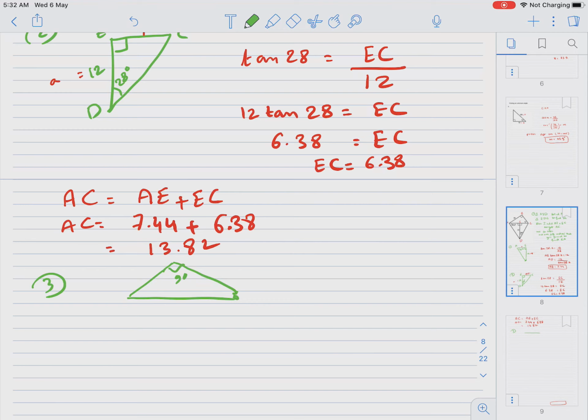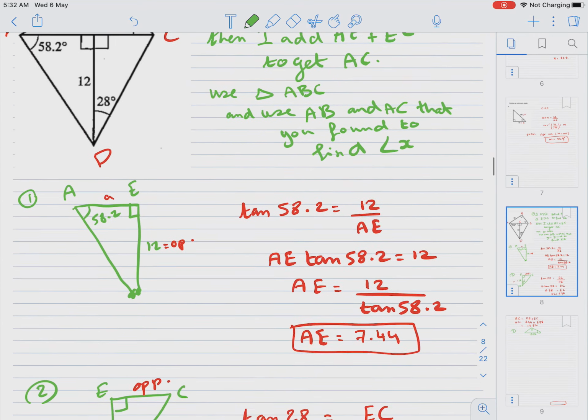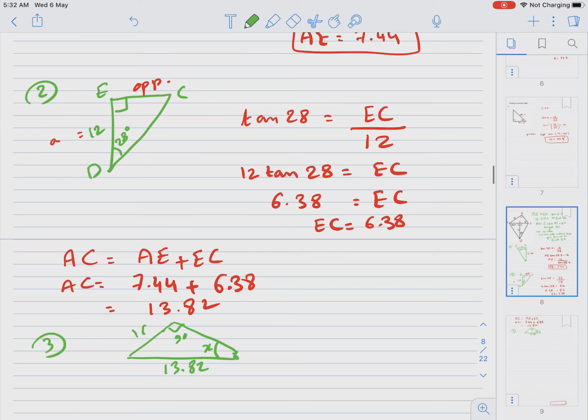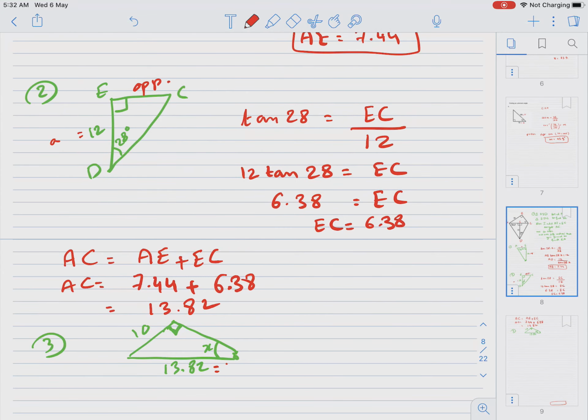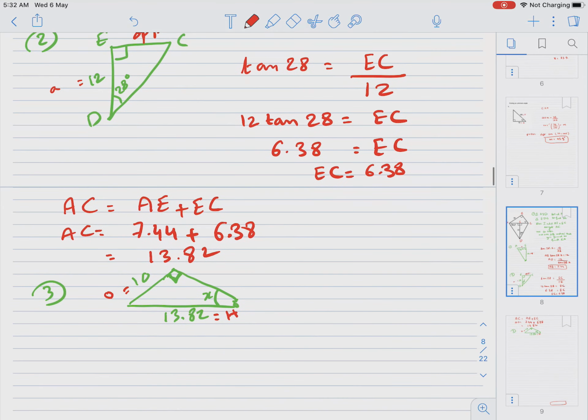This is the 90, this is the 13.82, and this is the X that is required, and I have also the 10. No need to put the 90, just know that this is the 90 degrees, and therefore the 13.82 is the hypotenuse, and of course 10 is the opposite. So this means that I will use sine, right?